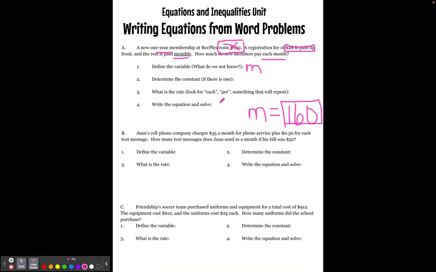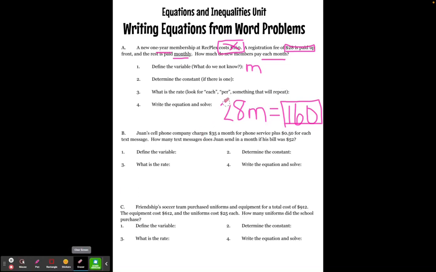Do I want to shove that up against my monthly rate and say, okay, every single month I'm going to pay 28 bucks? No, that's not what I'm saying. I'm not saying 28 each month. I'm saying 28 is paid up front. That means it's a one-time cost.